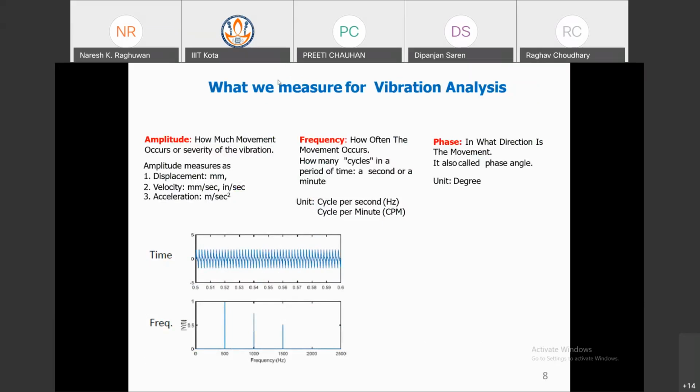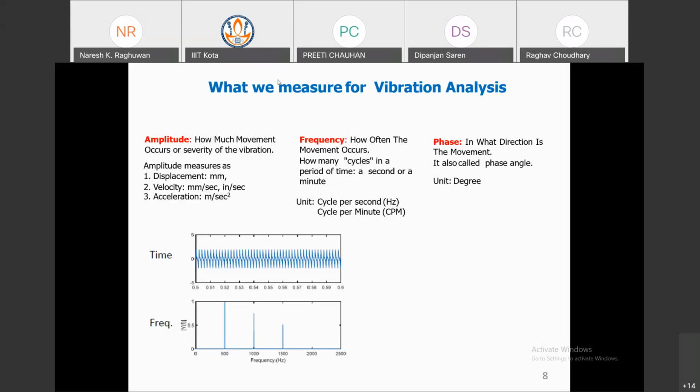If we talk about the graph, it is between amplitude and time. The amplitude may be the displacement, velocity, or acceleration, whichever is convenient for the proper analysis.